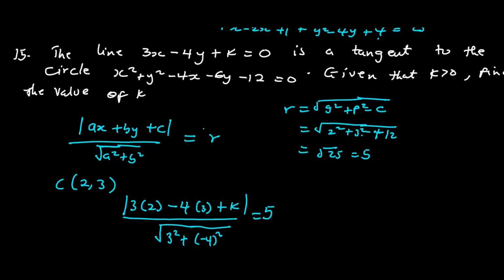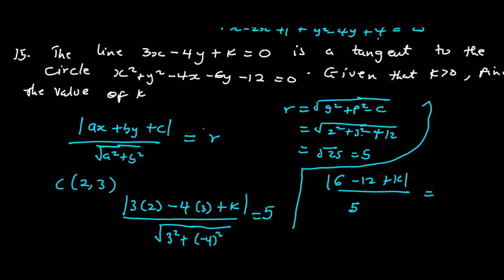Now if we simplify whatever we have here, we are going to have 6 minus 12 plus k all over 5, still in absolutes, equal to 5. Now when we simplify that, 6 minus 12 gives us absolute -6 plus k equal to 25.